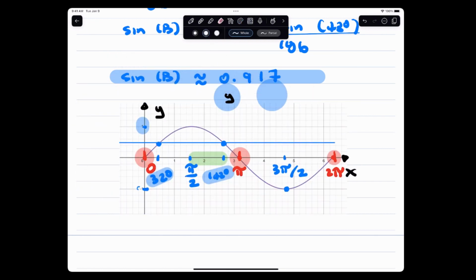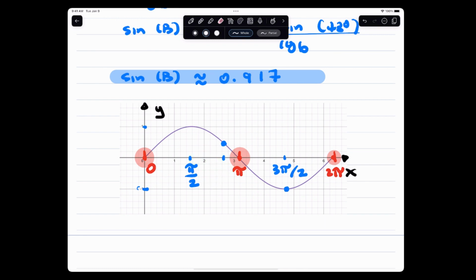Sine B is 0.917. Isn't that almost 1? Draw this horizontal line, because that's where the sine curve is 0.917. It's almost 1.